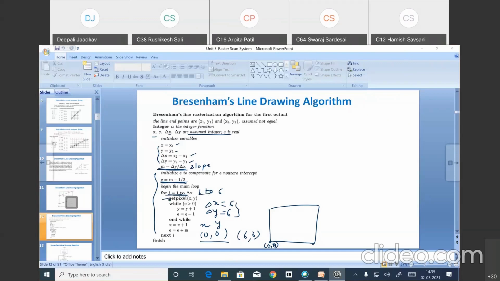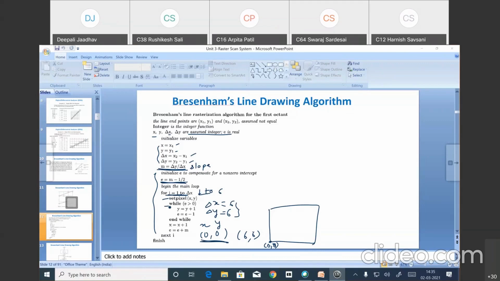Set pixel x comma y, whatever the first pixel. What is the first pixel? x1, y1, the starting point of the line. So x1, y1 is printed here, with set pixel. After that, check. Here we use the error term. If the error is positive, then both x and y are increased.